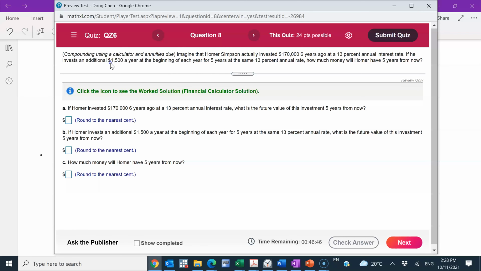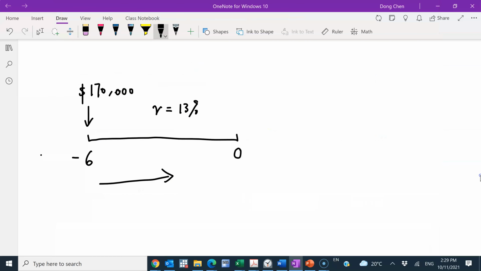And now it will become an annuity because we're going to invest $1,500 a year at the beginning of each year for 5 years at the same 13% annual rate. So remember, this is the beginning of the year. That means the first payment actually will start right now. This is $1,500, same amount, and this will continue for 5 years.